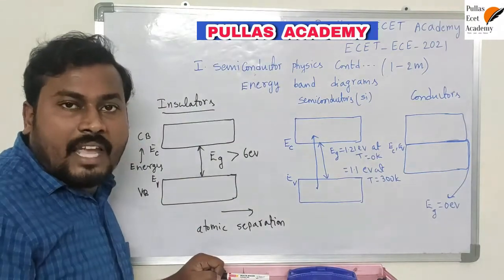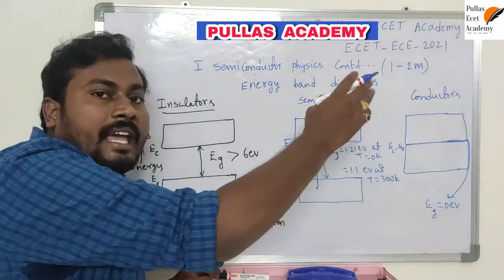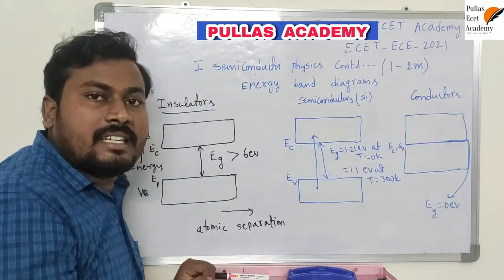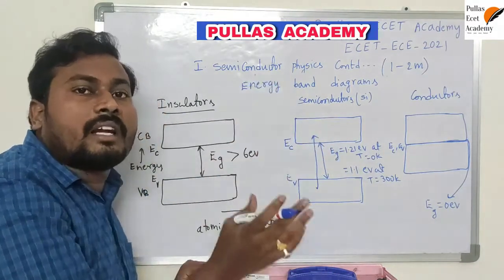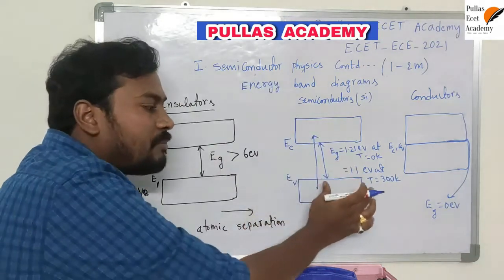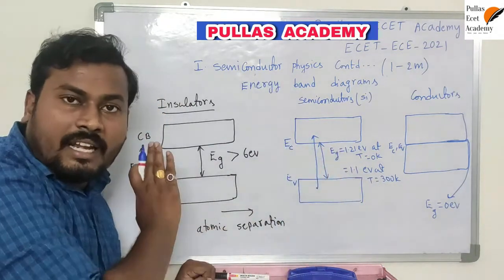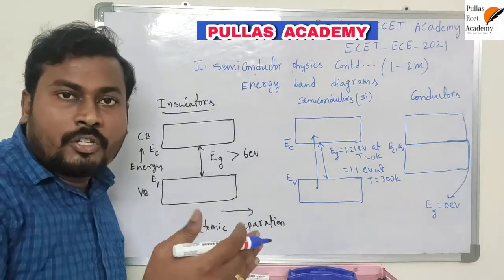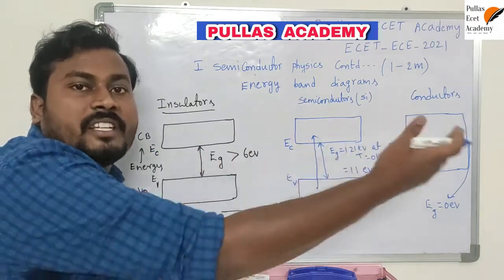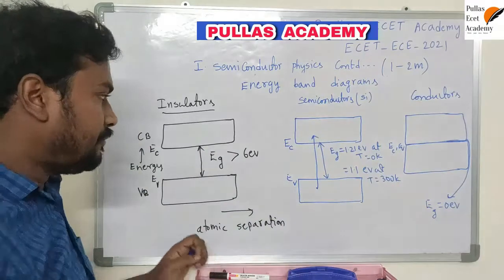That is why we are saying that conductors are able to conduct electricity at any given temperature. Semiconductors are able to conduct electricity at room temperature. Insulators can never conduct electricity. So by this time you should be clear about these materials.